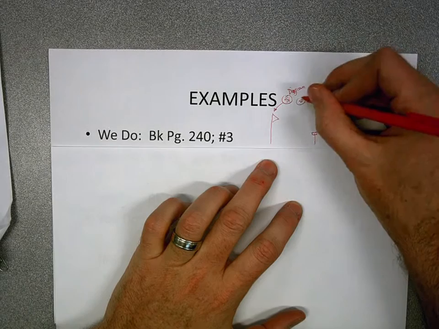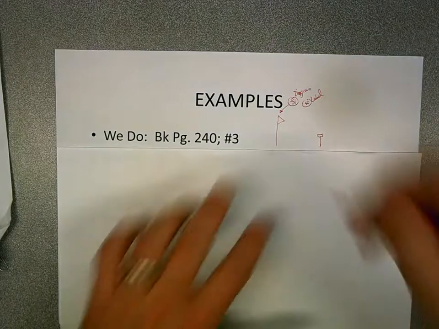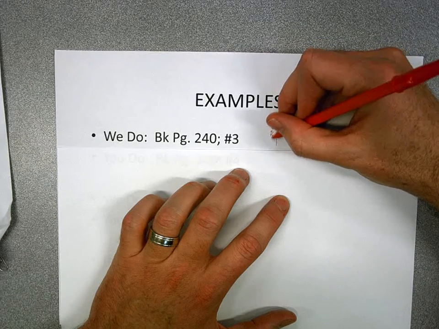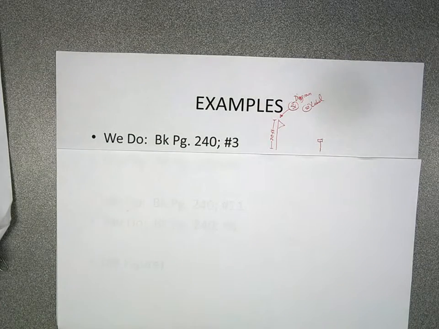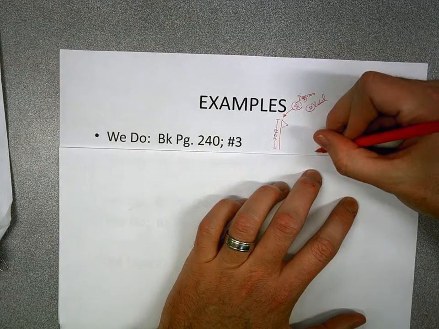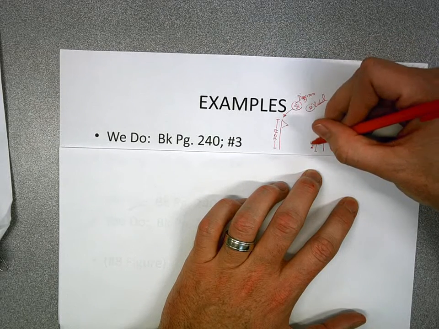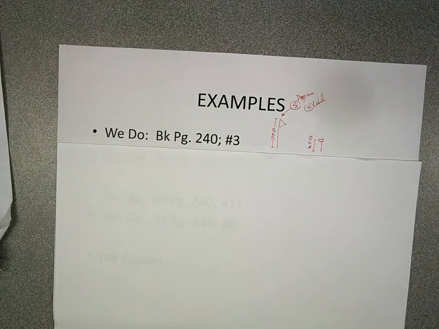Step 2, label it. It says the flagpole is 30 feet high. So this side right here, from there down to there, is 30 feet. The mailbox, from there to there, is 3.5 or 3 5/10 feet high. The mailbox casts a shadow that is 5 25/100 feet long.